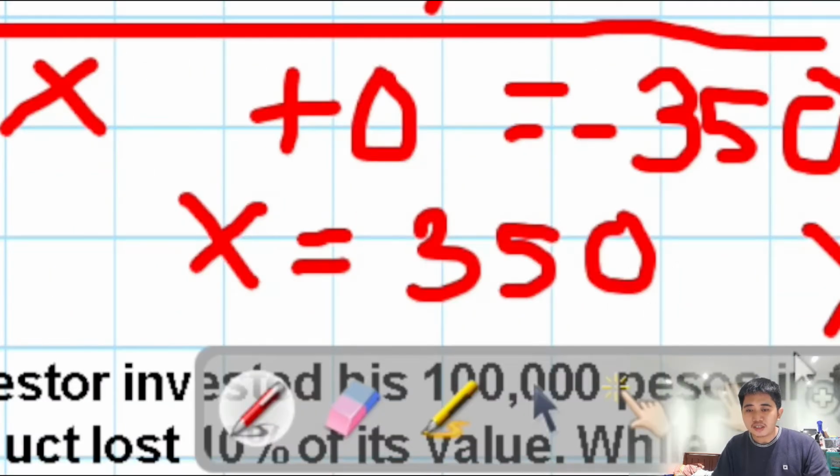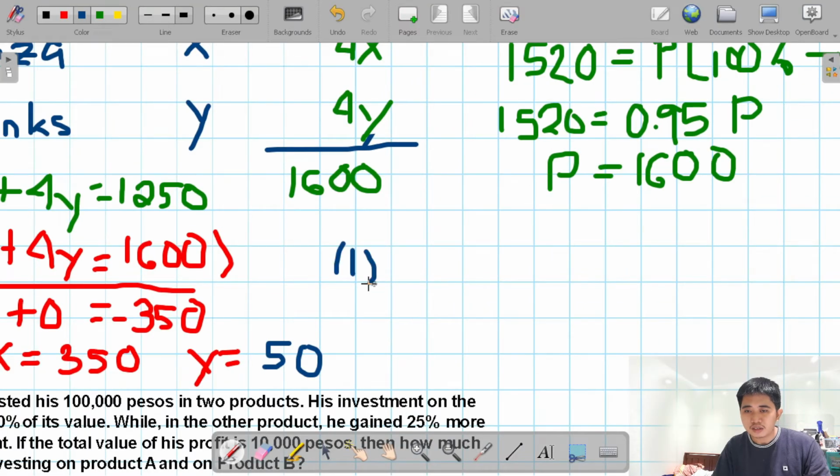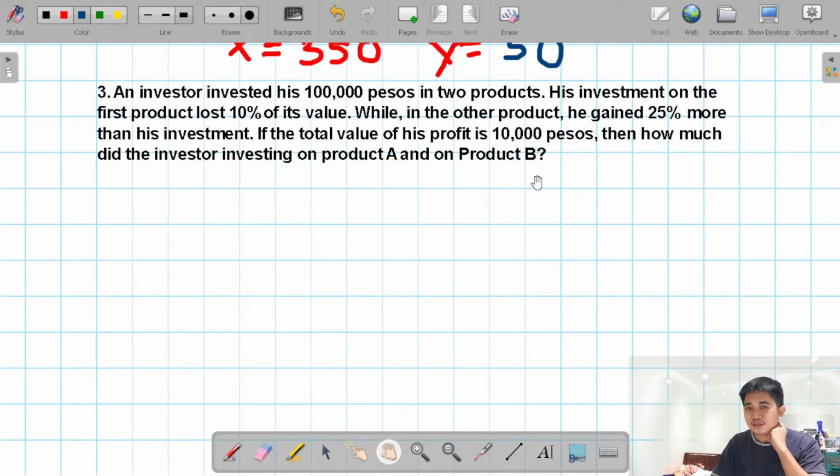So for the pizza, it's 350 pesos per piece. Drinks, it's 50 pesos per drink. So 350 pesos for one pizza plus 2 times the drinks, 50 pesos per drink. The total is now 450 pesos. So that's our answer.